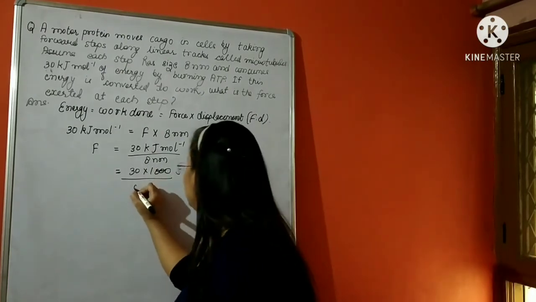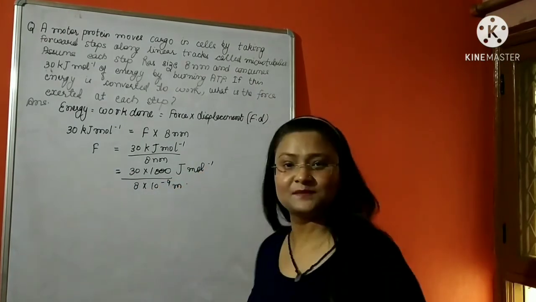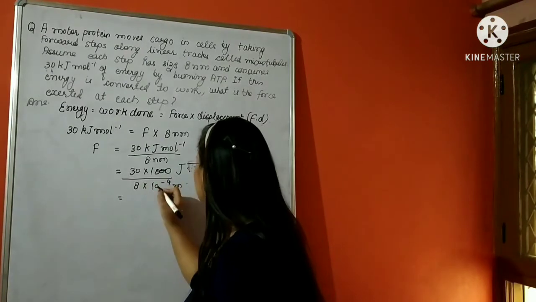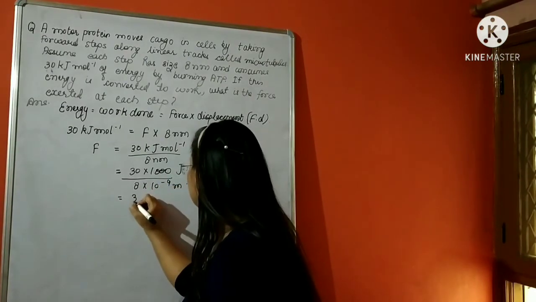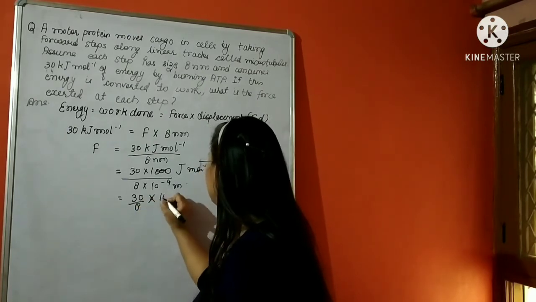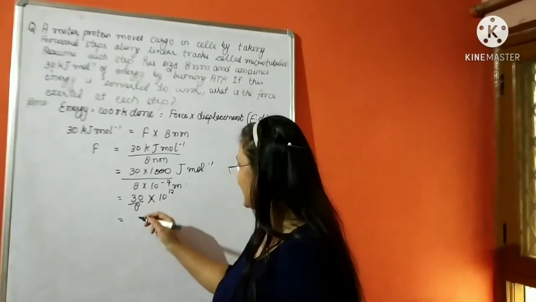And 8 nanometer is 8 into 10 to the power of minus 9 meters. Right? So now this is a simple calculation. It will go in the numerator 30 by 8 into 10 to the power of 12 now. So we only need to calculate this.